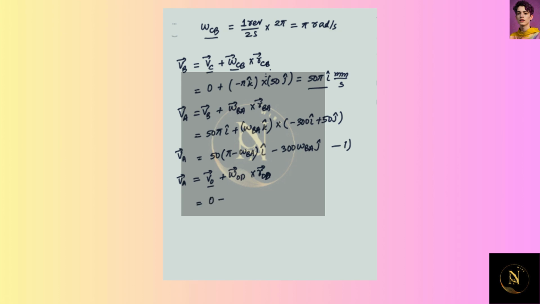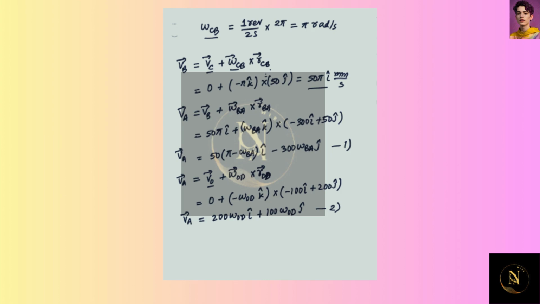Substituting values, V_O vector is 0 plus minus omega OD k cap cross R_OD, which is minus 100 i cap plus 200 j cap. So from here the V_A vector comes out to be 200 omega OD i cap plus 100 omega OD j cap. This is our equation number 2.